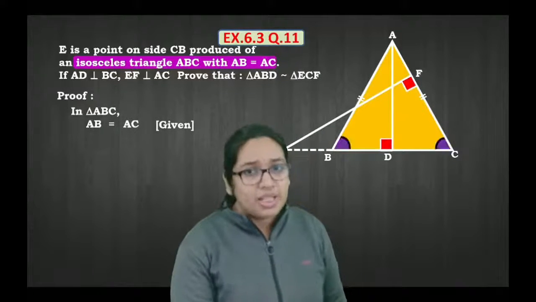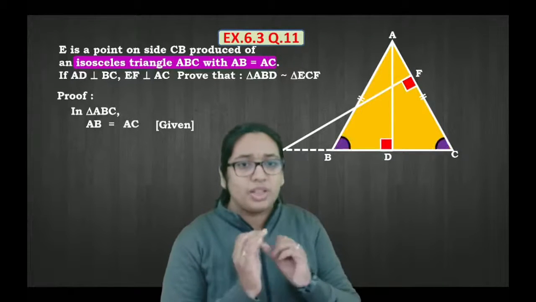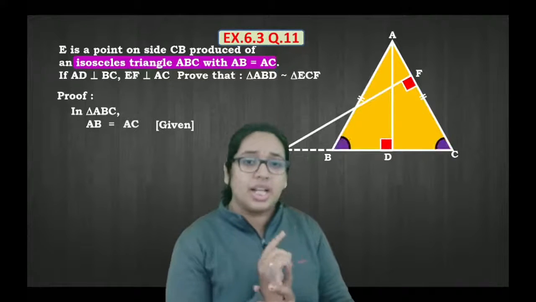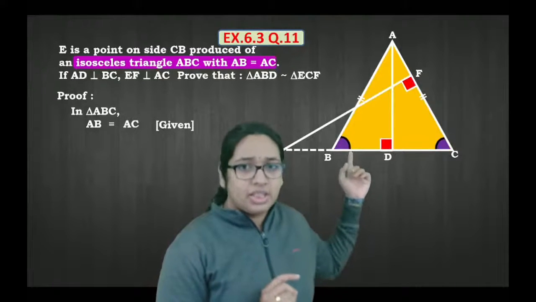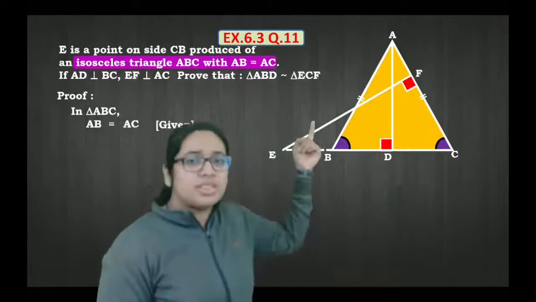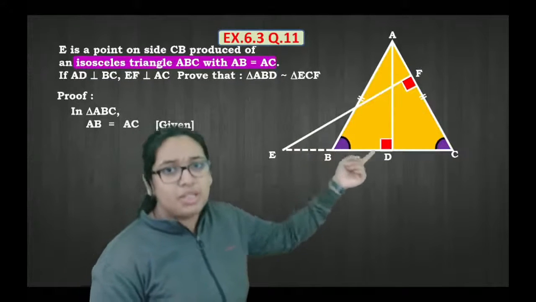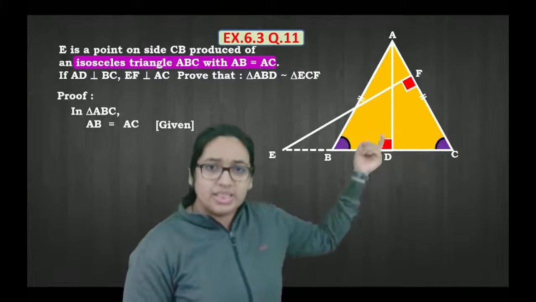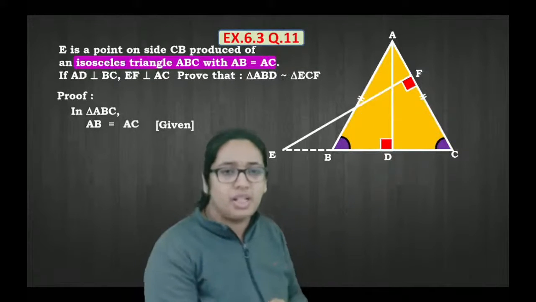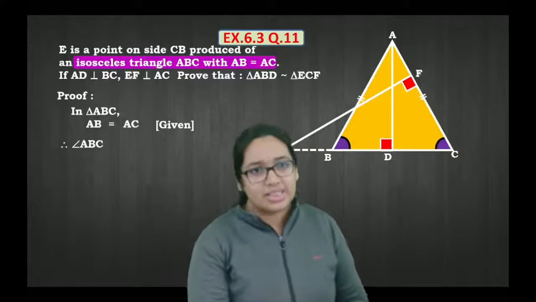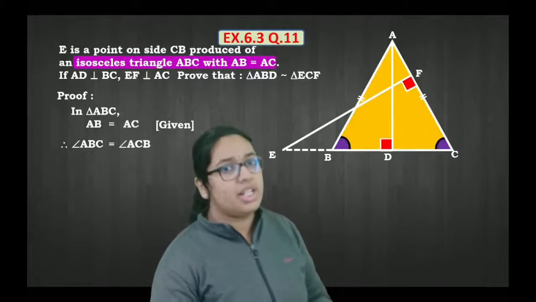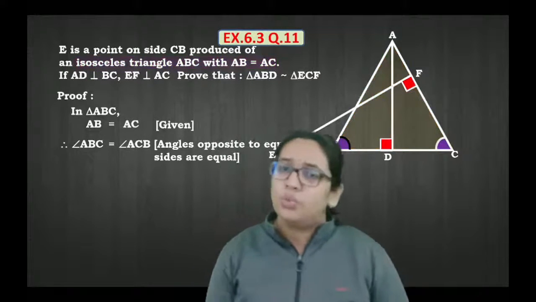Then, if AB and AC are of same length, then we can say that its opposite angles will be of same measure. Clear this one? अगर AB and AC आपको same मिल रहे हैं, समझ में आ रहा है? AB and AC साइड सेम है, तो उसका जो भी अपोजिट एंगल आपको मिलेगा वो भी सेम मिलेगा. So we can say that angle ABC and angle ACB will be same.